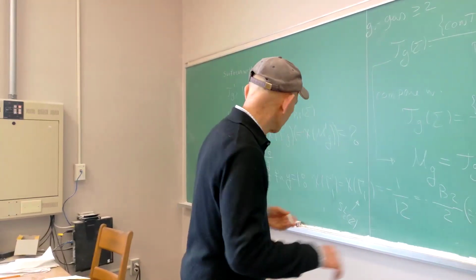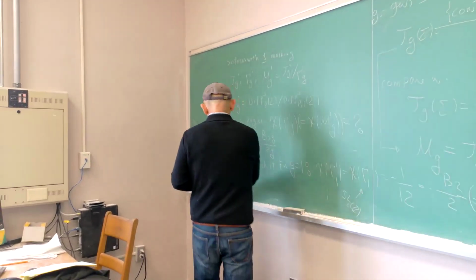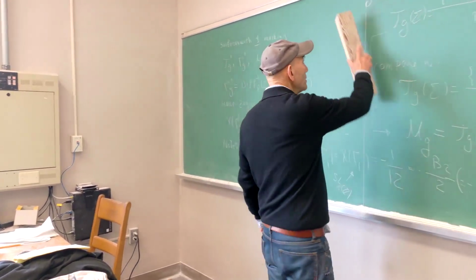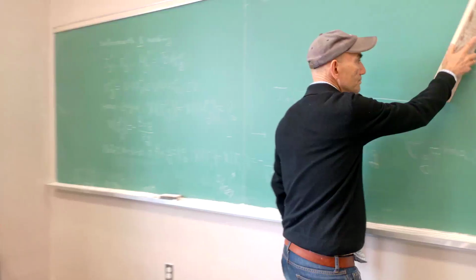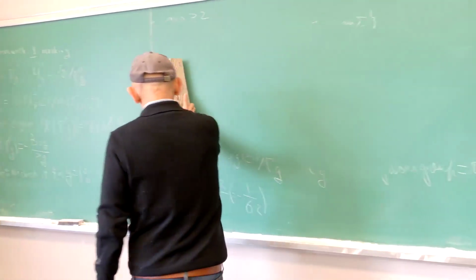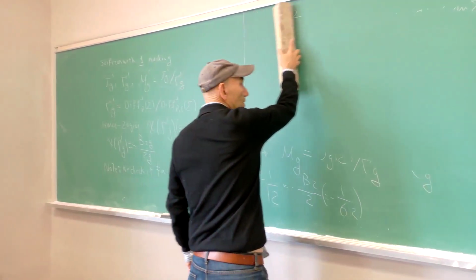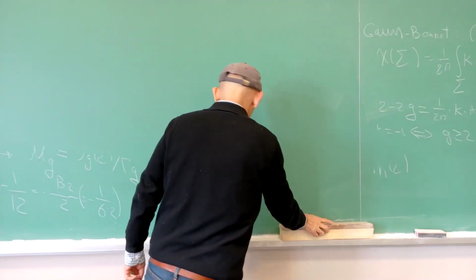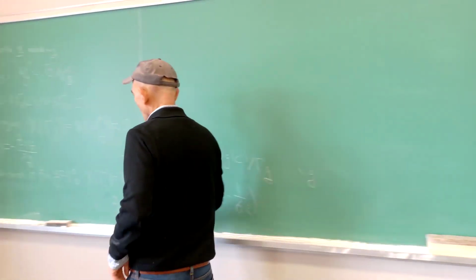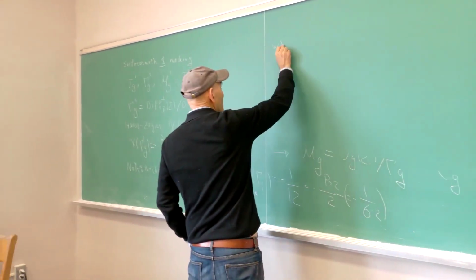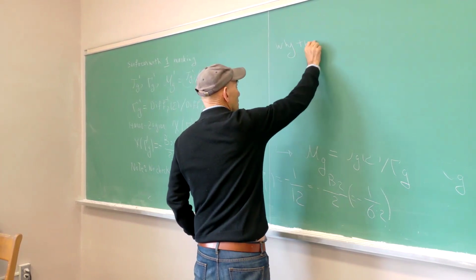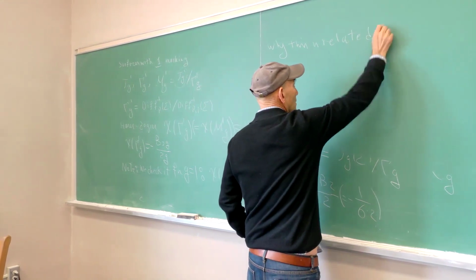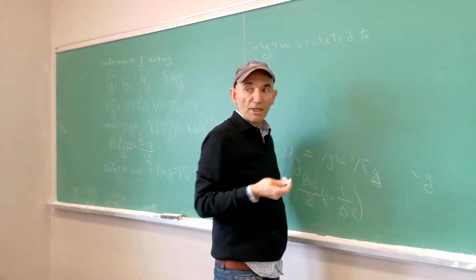So let me tell you what I have. One thing is what it has to do with random matrix theory. Why is this related to random matrix theory at all?